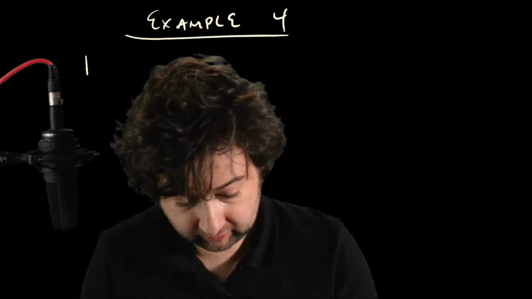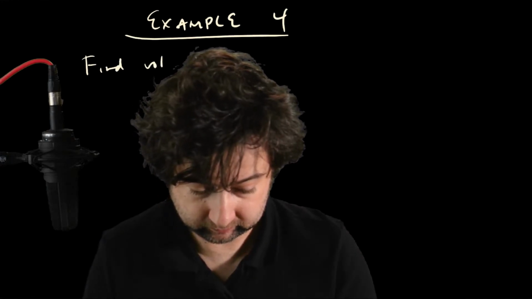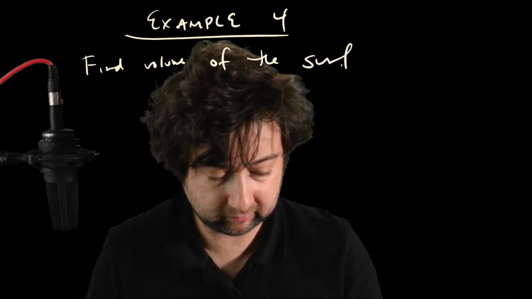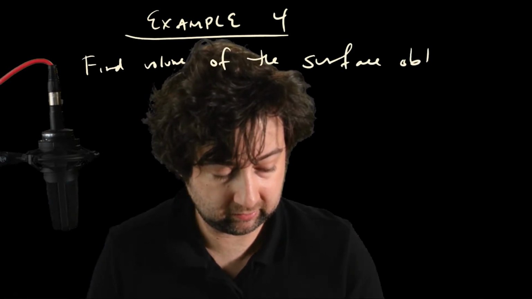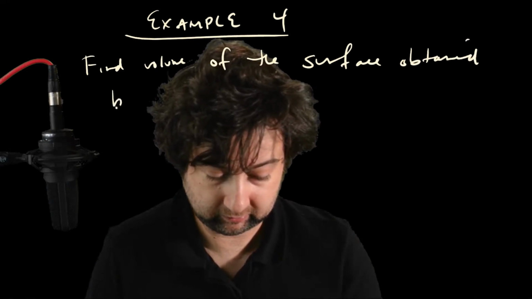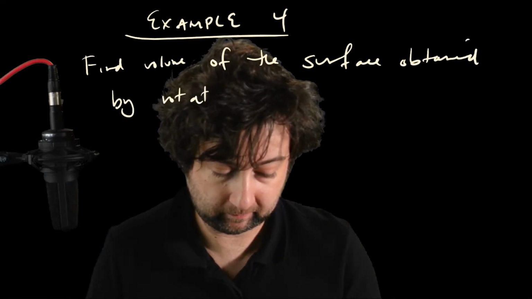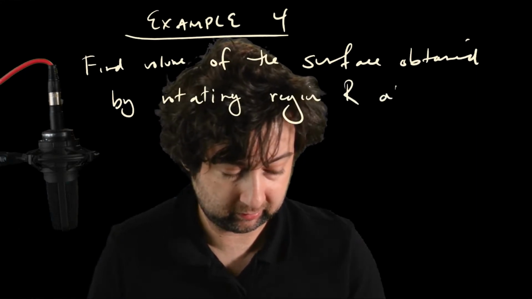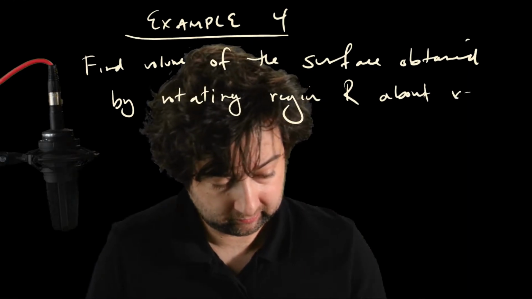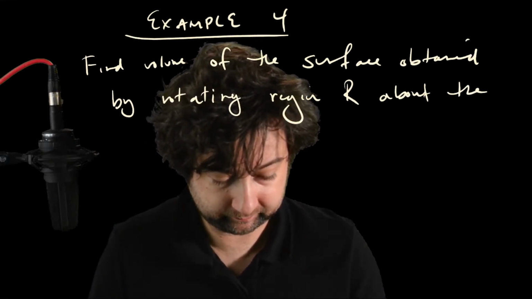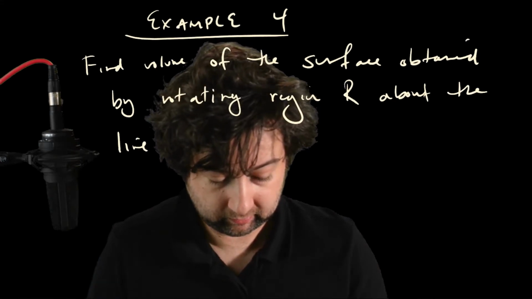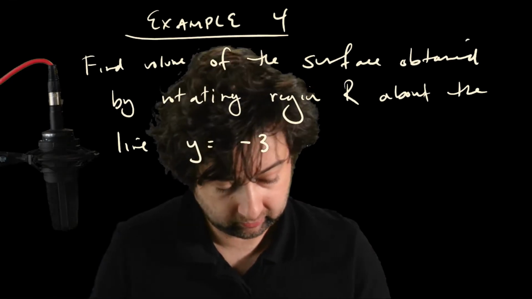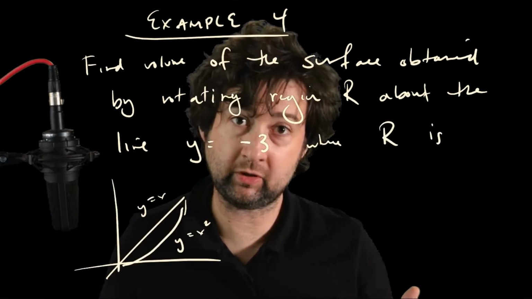So find the volume of the surface obtained by rotating the region R about the line y is equal to -3, where the region is the same region from the previous problem.